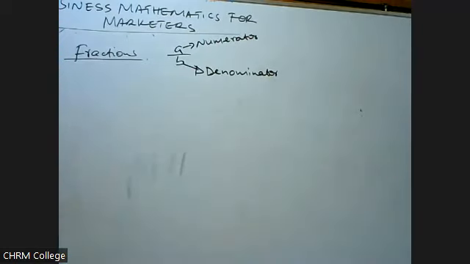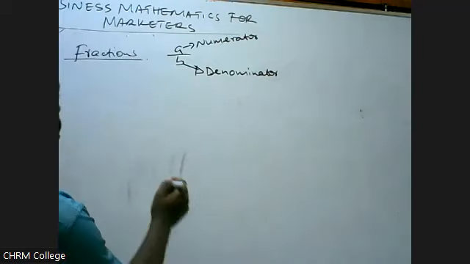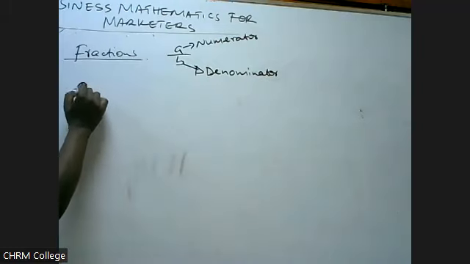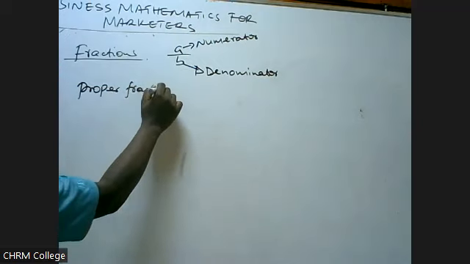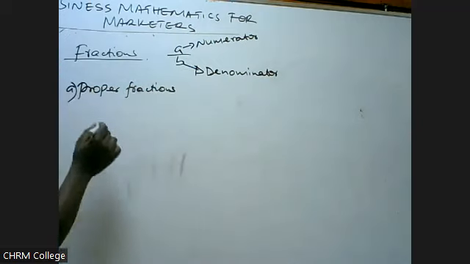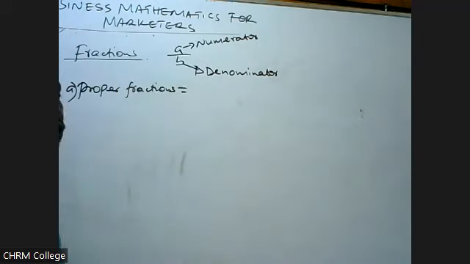We have got different types of fractions. We have proper fractions. This is part A. This is a fraction where the numerator is smaller than the denominator.